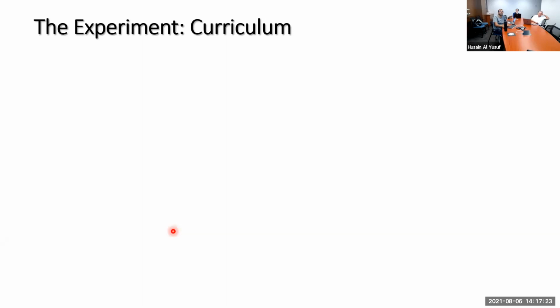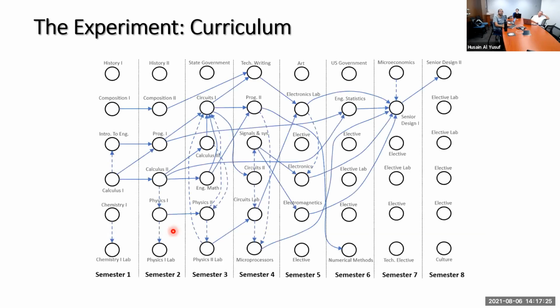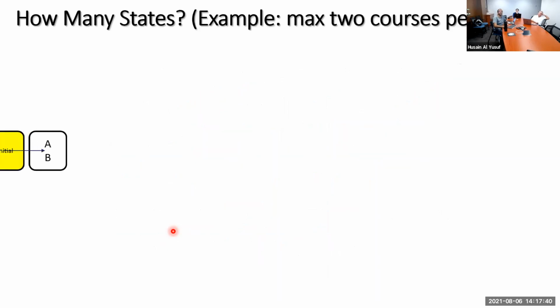So our experiment was to simulate the curriculum, but we have a problem. The well-known problem of Markov decision processes is the exponential growth of states for each term. Let's assume we have a curriculum where the student can only take 2 classes a term.